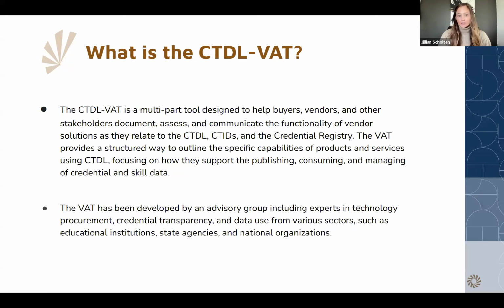So it provides a structured way to outline the specific capabilities of products and services using CTDL, and it focuses on supporting the publishing, consuming, and managing of credential and skill data. And like Deb just mentioned in that last slide, it was developed by an advisory group with a lot of experts in technology procurement, credential transparency, and data use from various sectors.